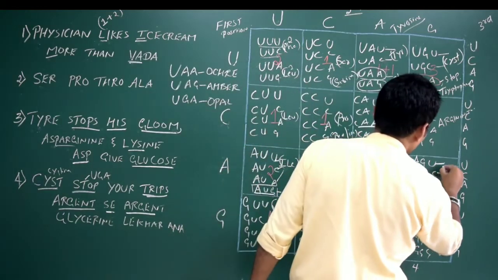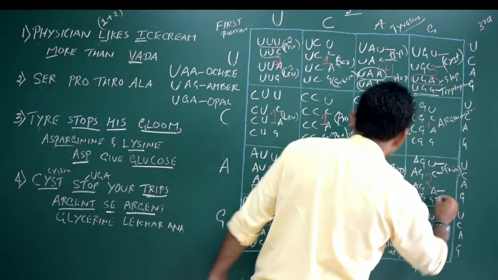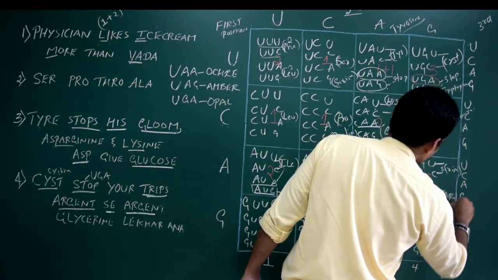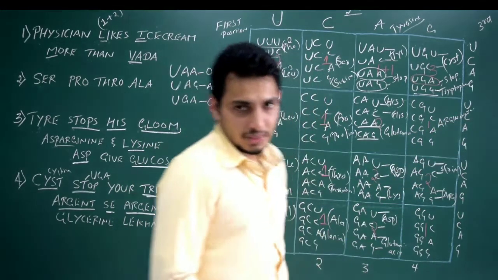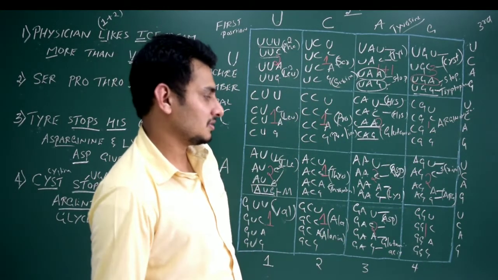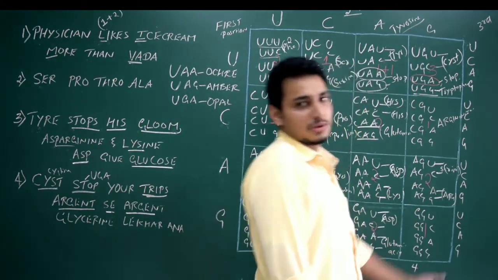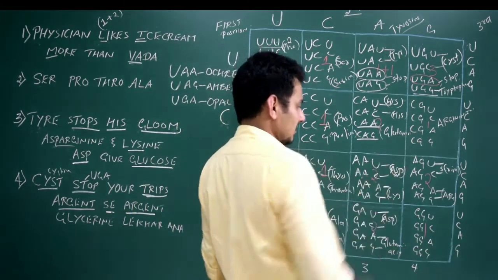Here, these two will code for serine, and these two code again for arginine. This question was asked: AGA codes for which amino acid? That is arginine, and it's very easy. AG is there, so you can predict it also. But anyhow, learn it.